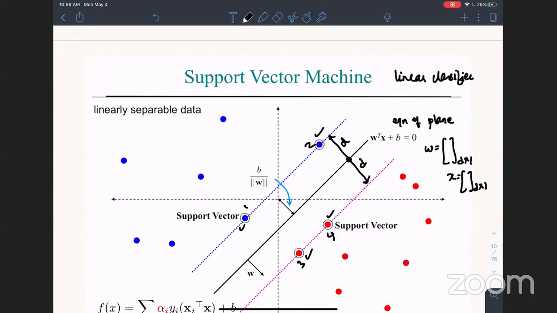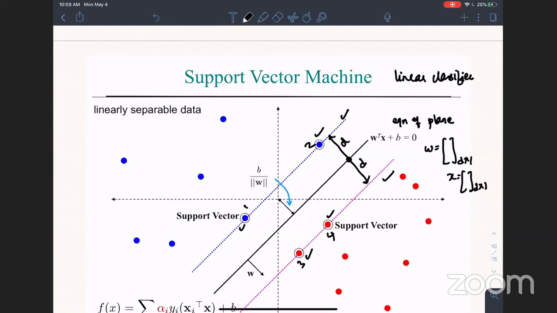So we have 2 parallel lines, this one and this one. The intuition is that the bisector of those is what we have as the actual decision plane.